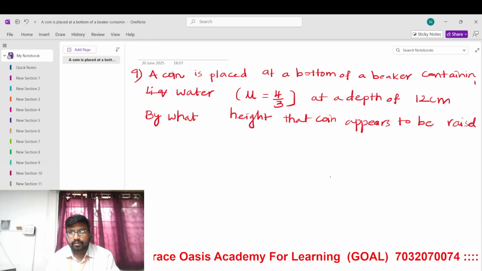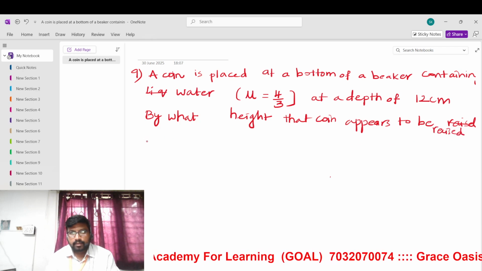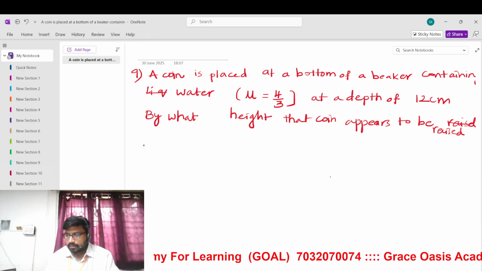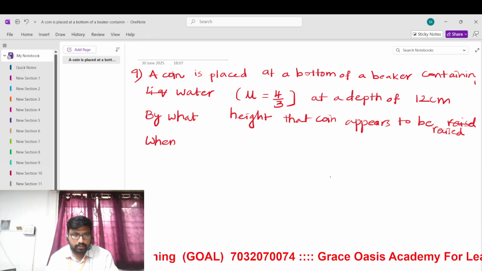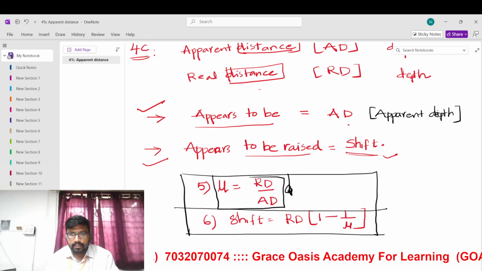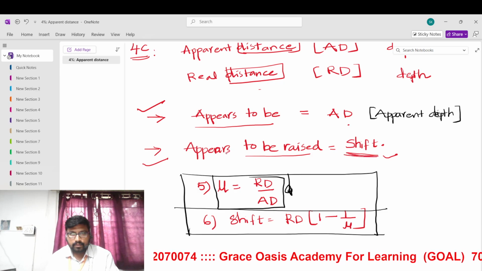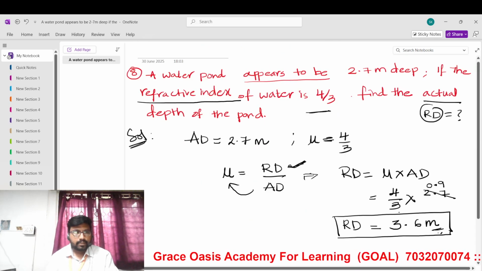What should be our formula? Directly, see the previous note. Appears to be raised means shift. We need to find the shift.